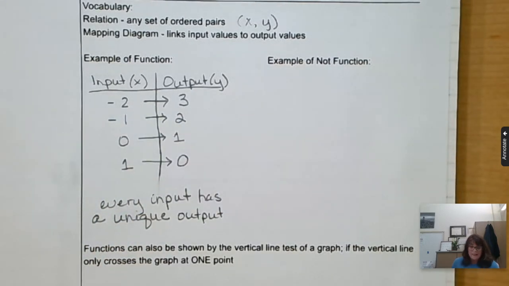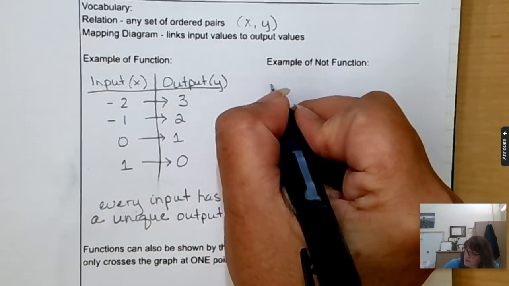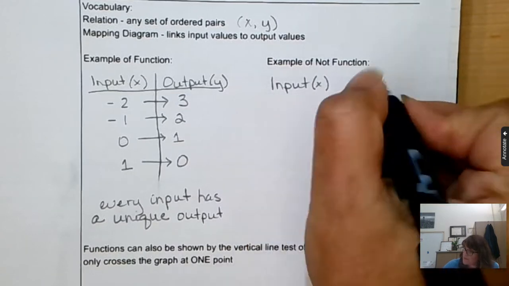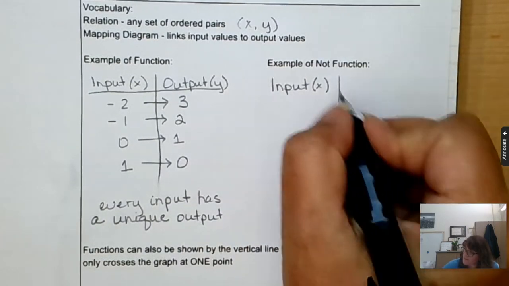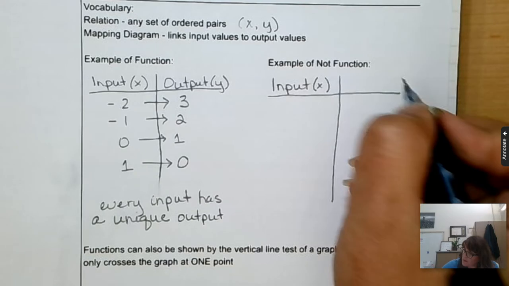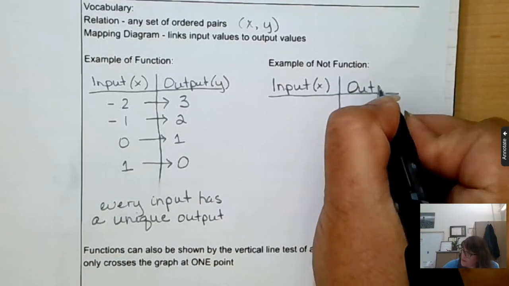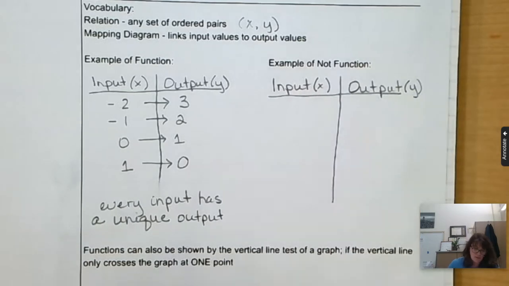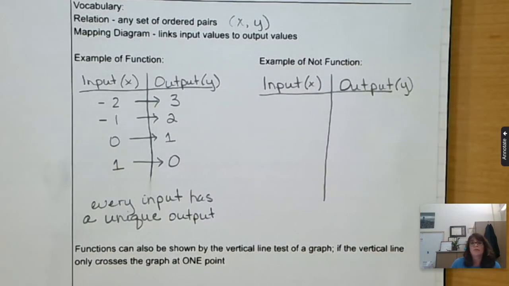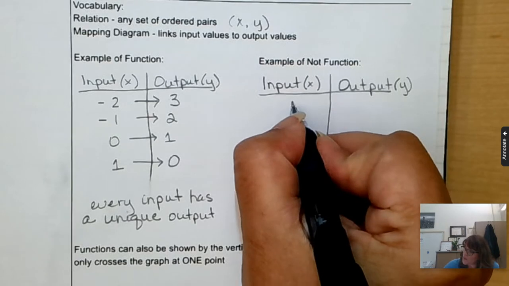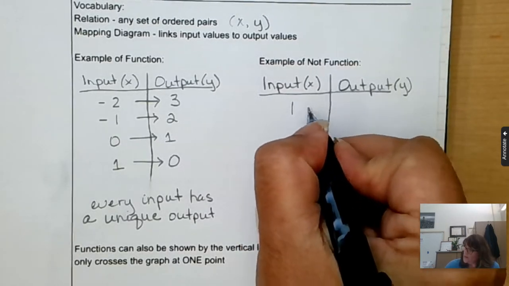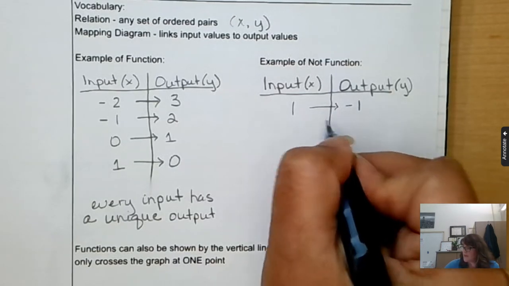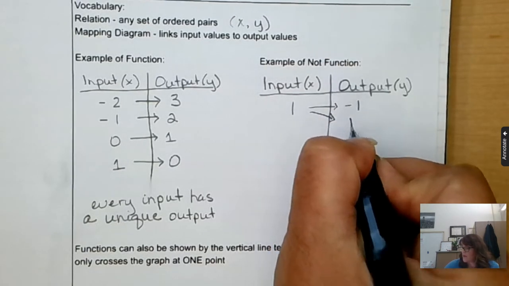Now, if it was not a function, again, input, output, and yes, I want you to write this in. Input is 1, but I get out an output of -1, and then the next time I get an output of 1.